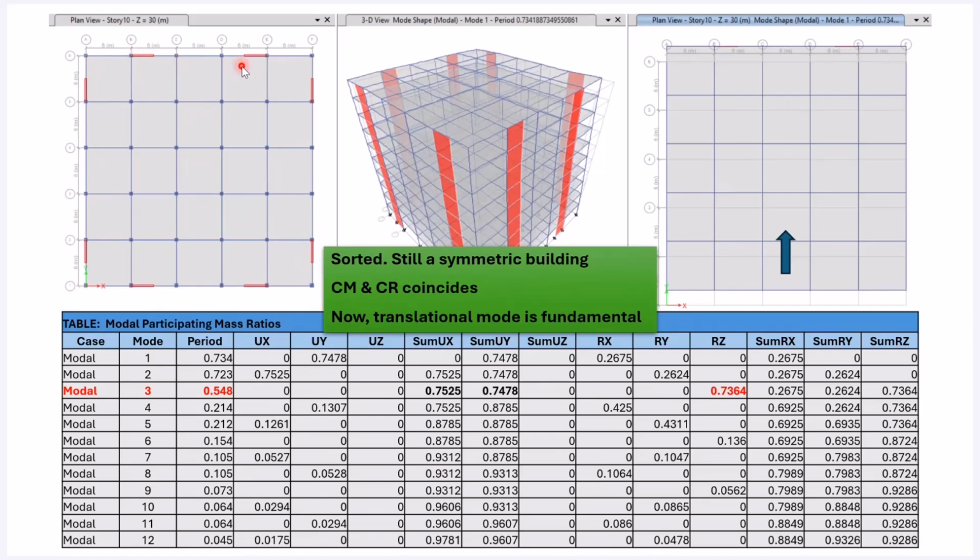Y direction, this is. So this is 2. The weaker and stronger modes for the translation. I did it purposefully, but you can work. Obviously, it will be restricted by the architectural requirements and other things, right?